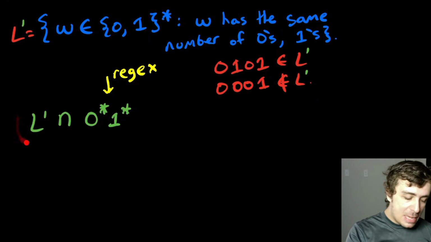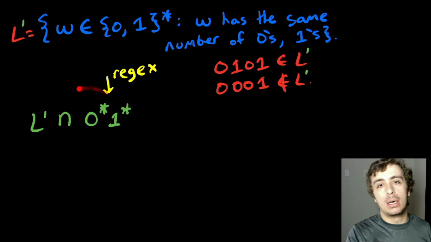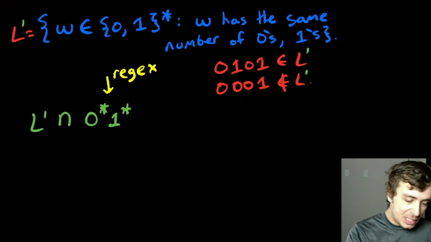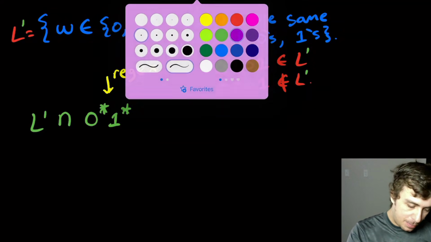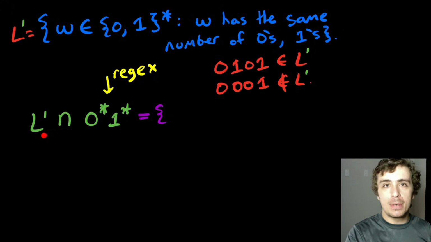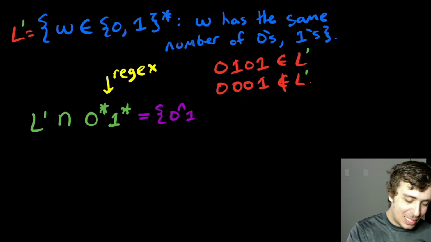So if L prime is regular, then since regular languages are closed under intersection, this thing is regular. But what is this set? Well, it's the set of all strings that have the same number of zeros and ones, and the zeros come first, and then the ones second. Well, that's just 0 to the n, 1 to the n.